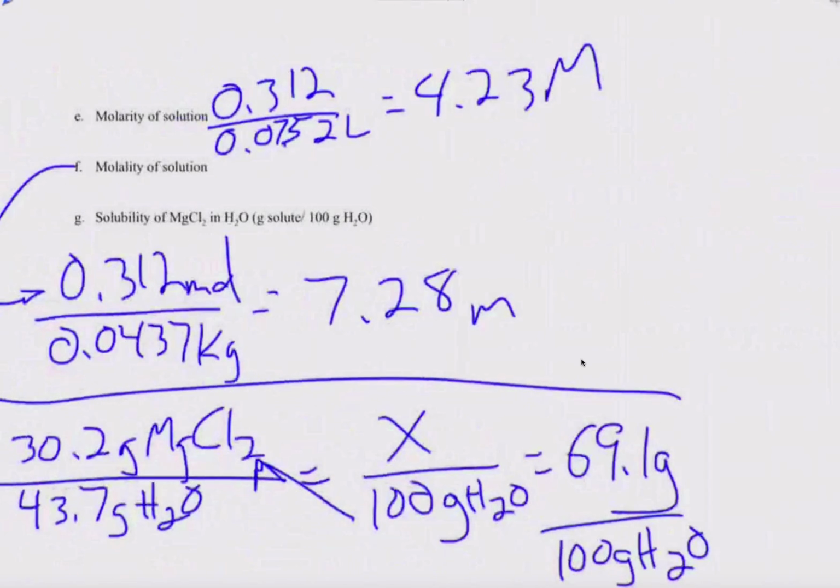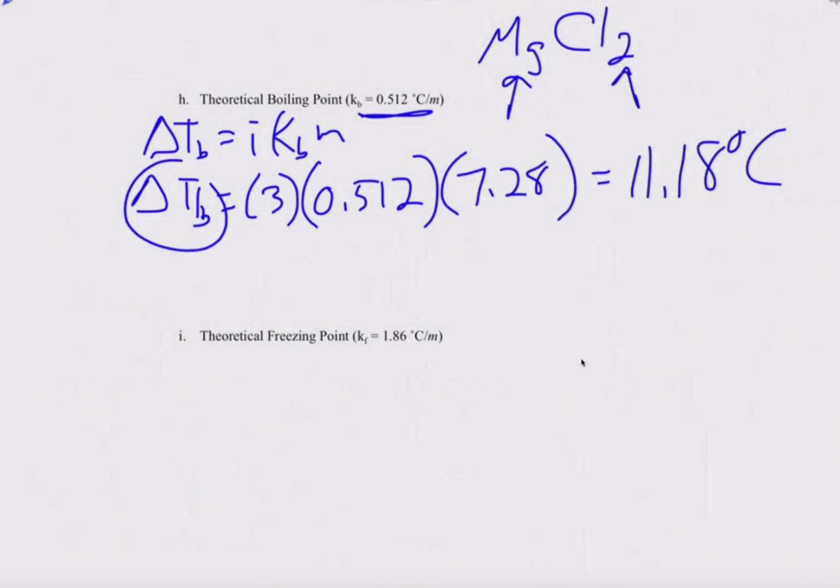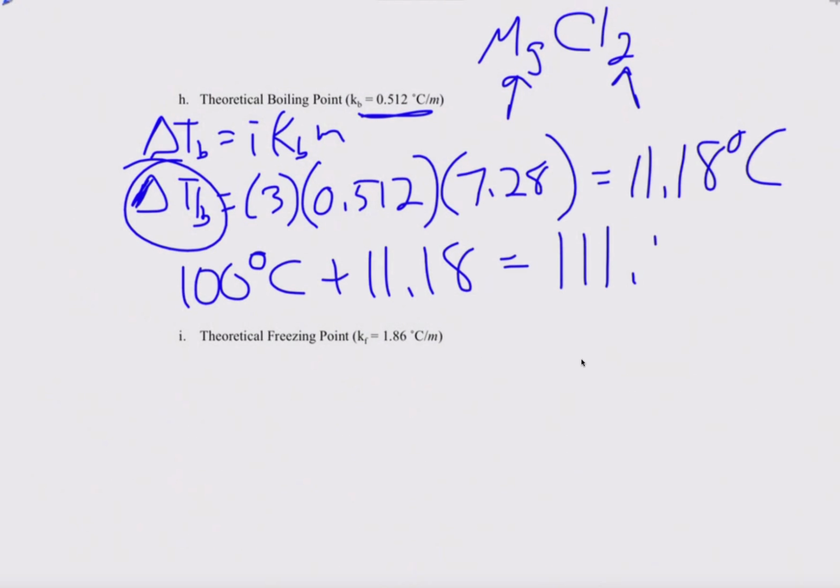The molality, well, we calculated that back here at 7.28. So we're going to drop that into our formula here. When we do that math, we get a result of 11.18 degrees Celsius. That's how much the boiling point is going to change. That's what the delta TB means, change in boiling temperature. Since we're talking about water, it started out at 100, we add 11.18. That means the new theoretical boiling point of this solution would be 111.18 degrees Celsius.